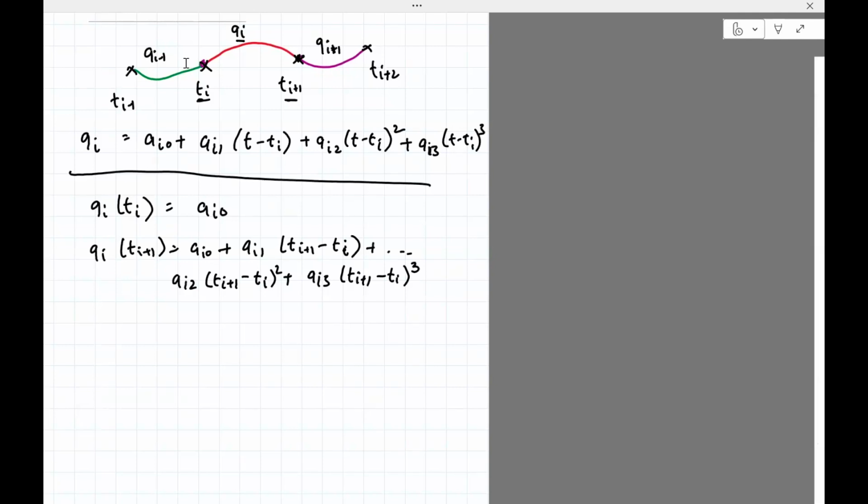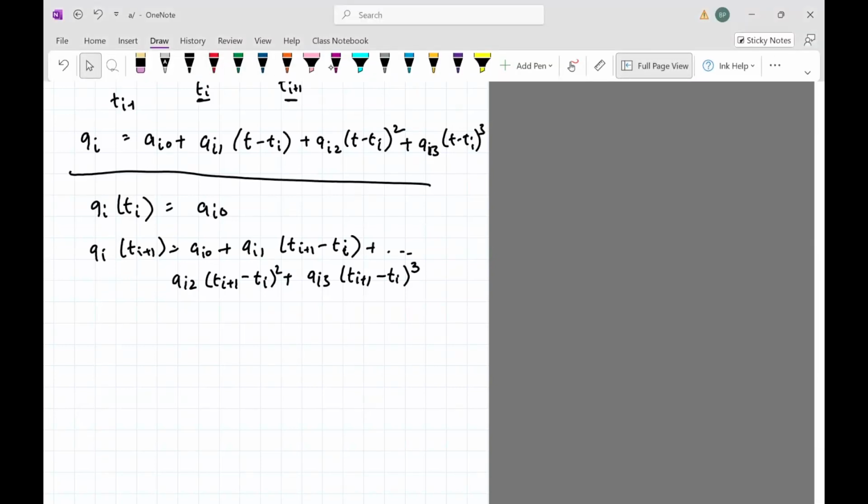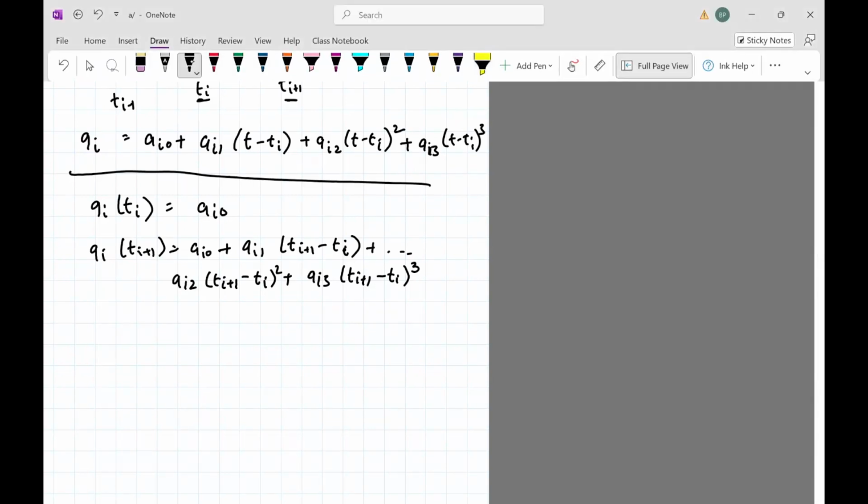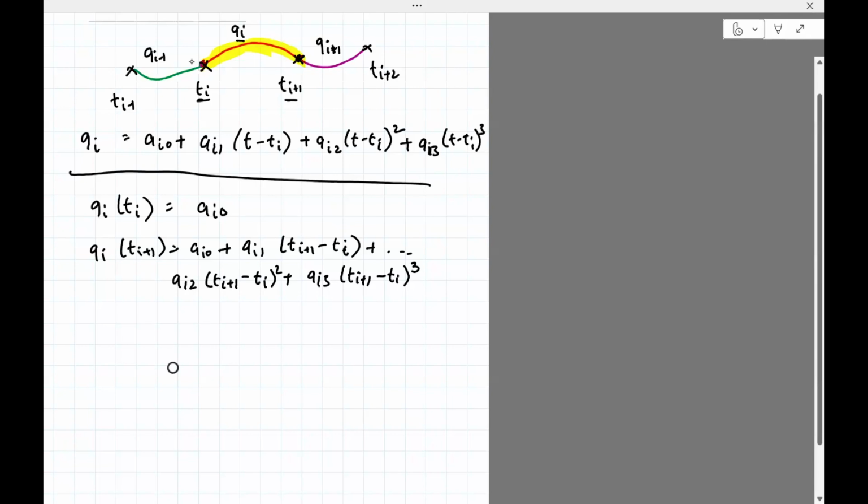Okay, so it passes through those 2 points. And as I said, I'm just going to focus on this part. So we got 2 of the 4 constants. We still need to evaluate 2 more constants.